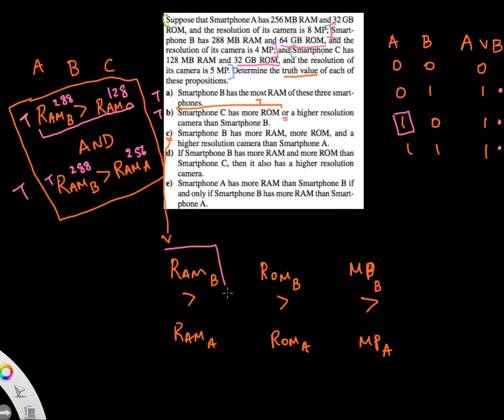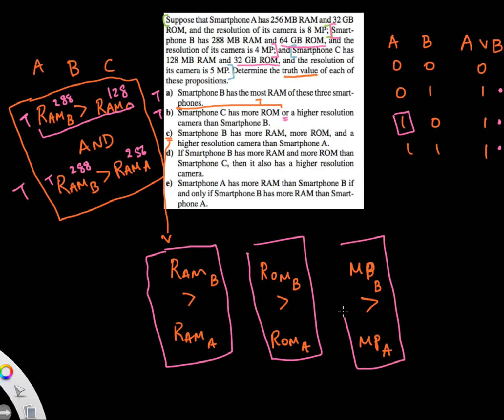If I put this box in pink, and the second box also in pink, and the third box also in pink, this is going to be AND.